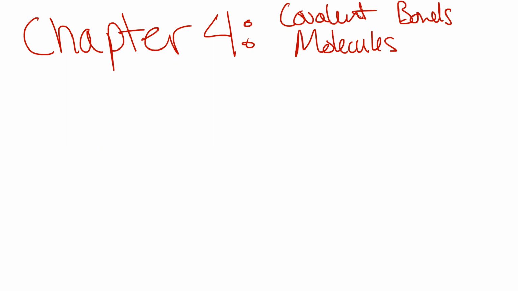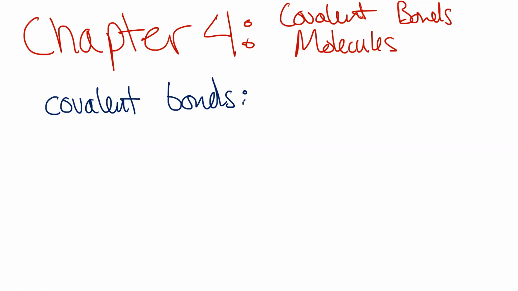So, to begin with, what's the big deal about covalent bonds? We talked about ionic bonds. Ionic bonds are bonds between ions. Ions form by a full transfer of electrons from the thing becoming the cation to the thing becoming the anion.